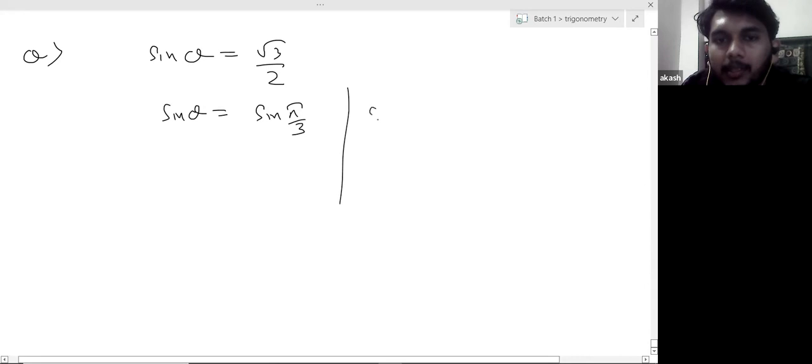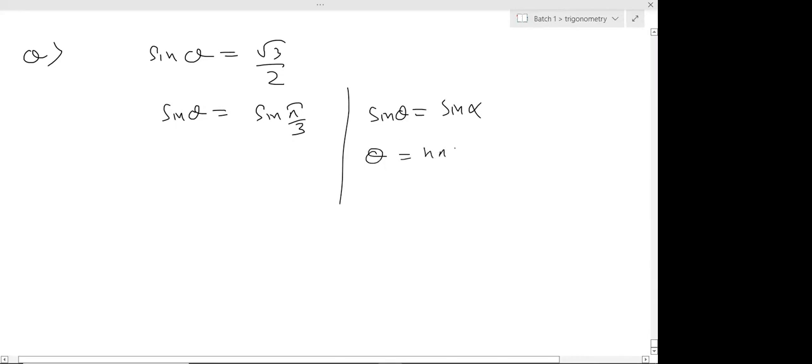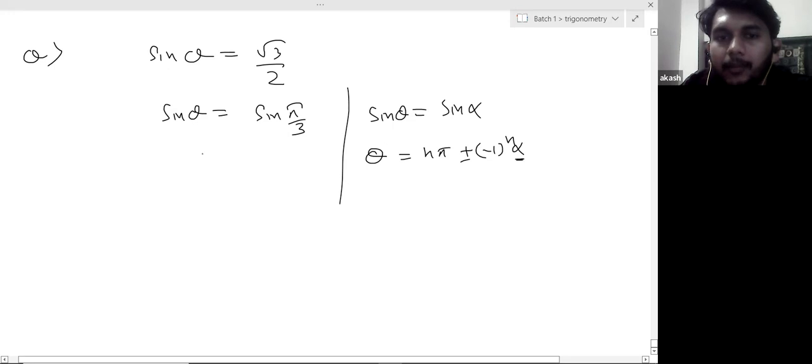Now this looks like sine theta is equal to sine alpha. Shravan, can you tell what is the general solution for sine theta equal to sine alpha? n pi plus minus 1 raised to n alpha. So just substitute the value of alpha here.